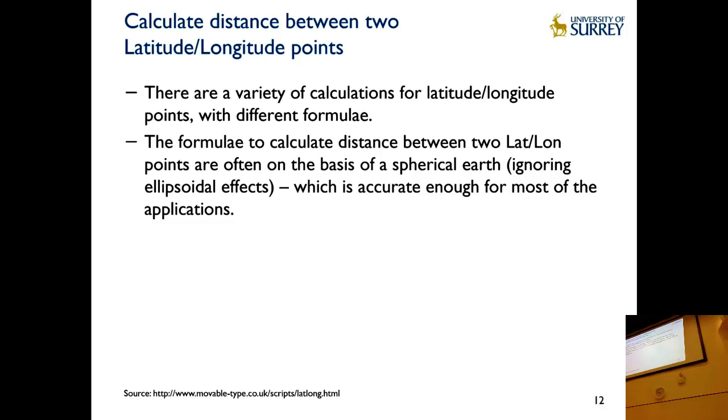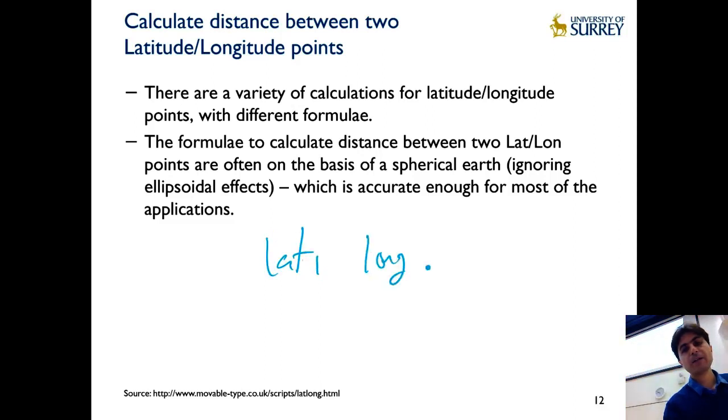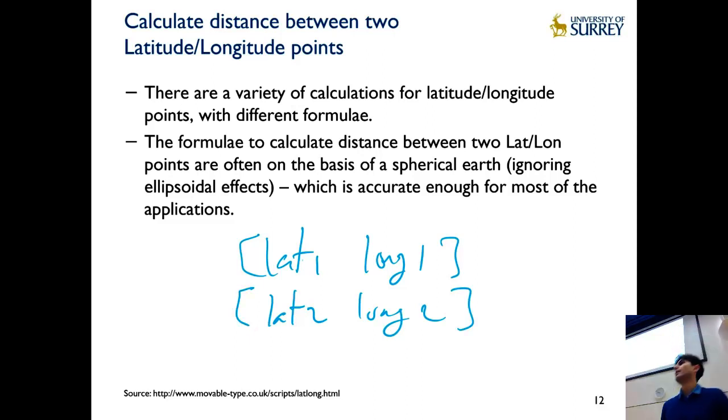Once you have transformed it from the geohash description back to longitude, latitude information, now you need to look at how you calculate the distance between two GPS coordinates, between a pair of latitude, longitude. Let's say I have latitude 1, longitude 1, and a pair of latitude 2, longitude 2. How do we calculate the distance between them? You cannot just subtract them from each other.